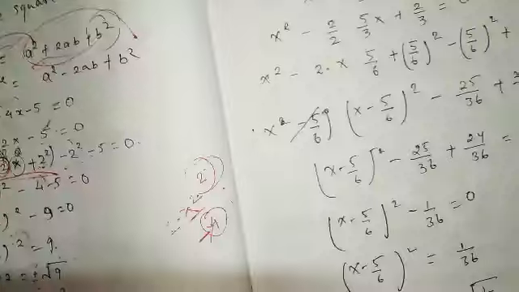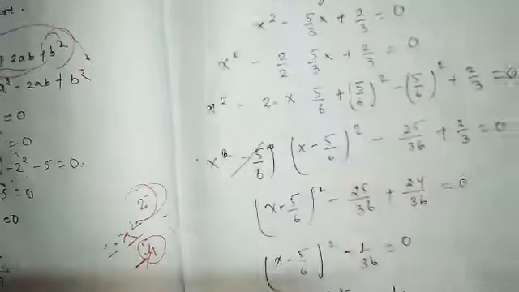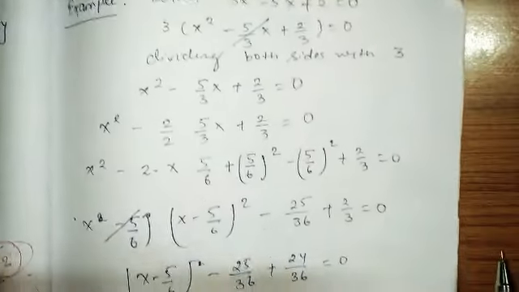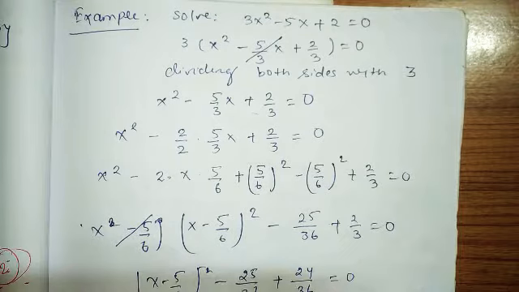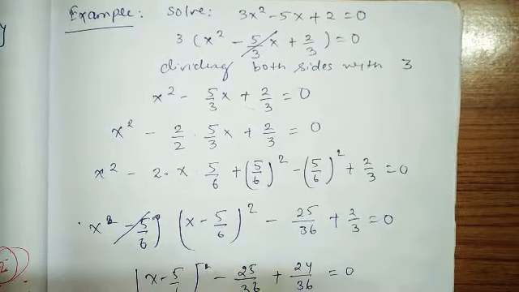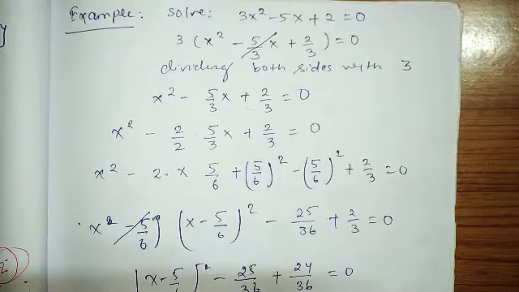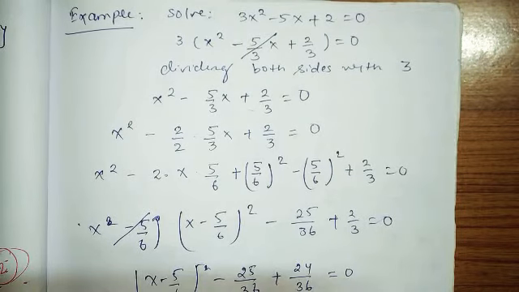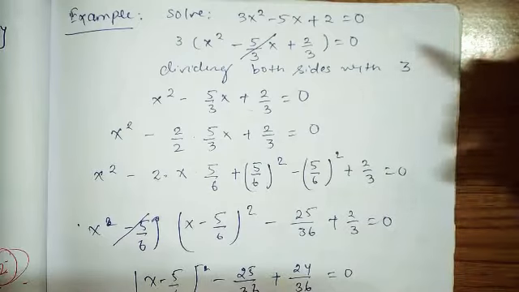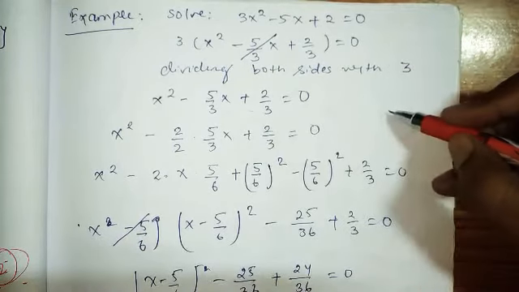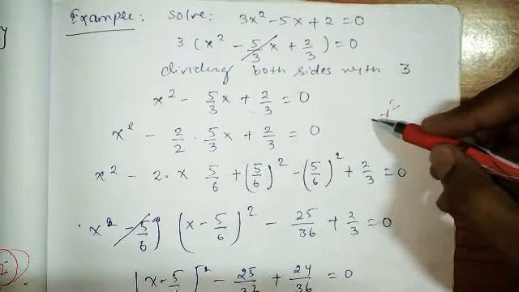Let's quickly focus on another example. This is another example, the same method, but a little bit complicated, because I have already told you in that example that the factor of x square will always be 1.